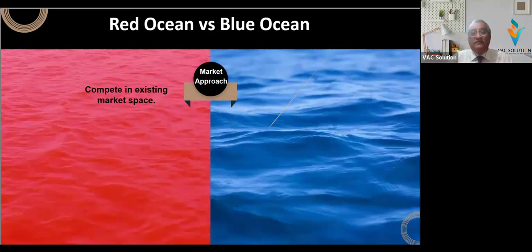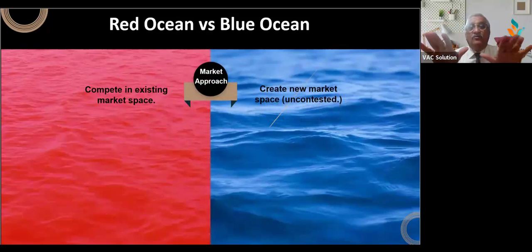Whereas Blue Ocean is to create a new market space which is uncontested. You are the only person there. If you are an employee in a company, how do you create a new market space for yourself within that company where you do not have competition? See, what a funny situation it is.